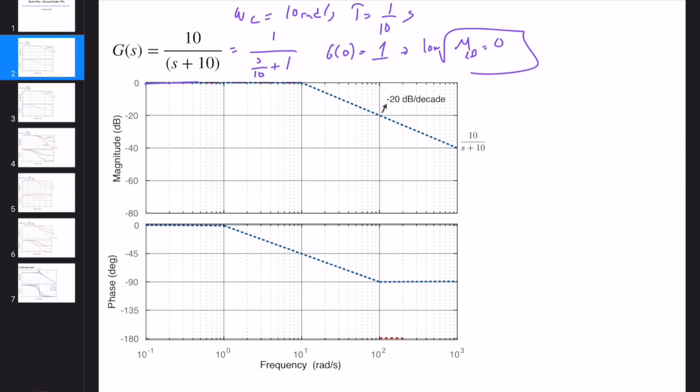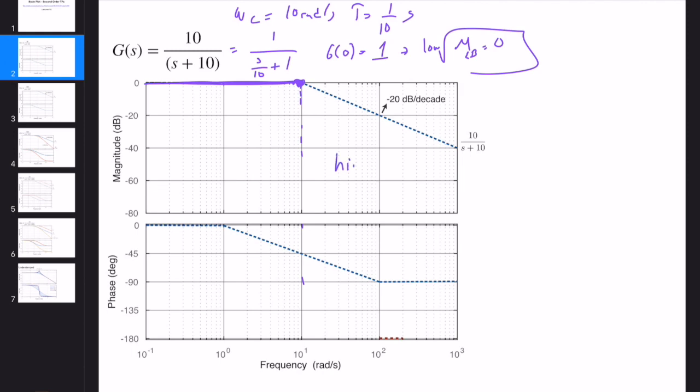Okay, so we know that for low frequencies, magnitude will be equal to 0. As you can see, it's already 0. And the low frequency approximation will be valid until we reach the cutoff frequency, which is 10 radian per second. Okay, so after this point, we make a different approximation. As you remember, it's a line also, similar to the low frequencies.